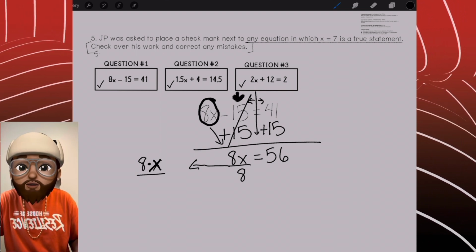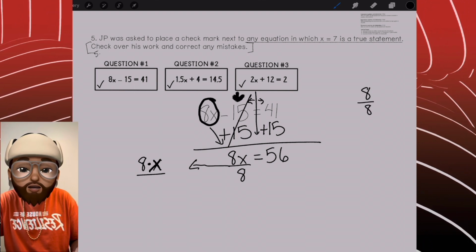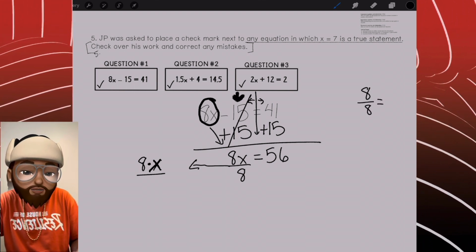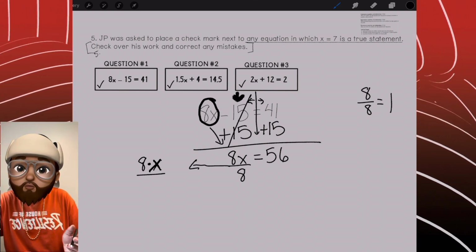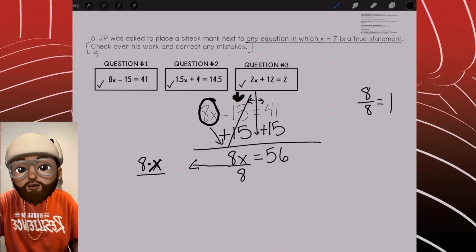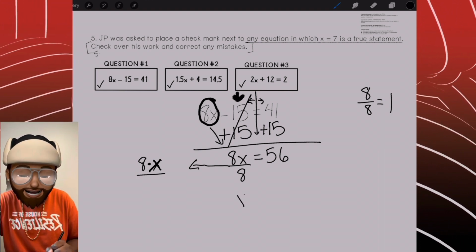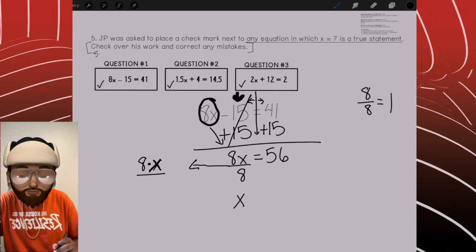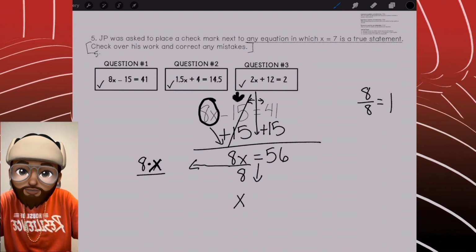The reason why we're doing that is if you have 8 over 8, what does that equal? That equals 1. Therefore, we know our new coefficient will be 1 in front of the x, which we don't even need to represent. So we could just bring the x down like that. It's inherent that the 1x is x.